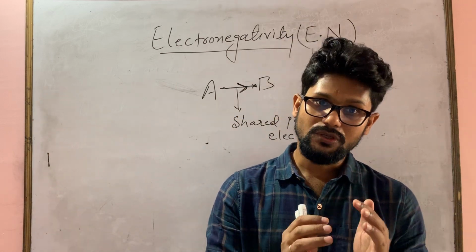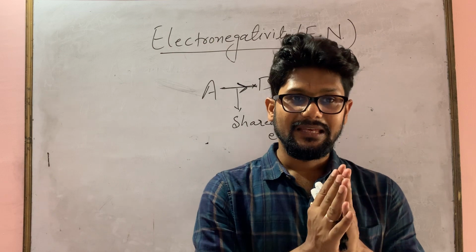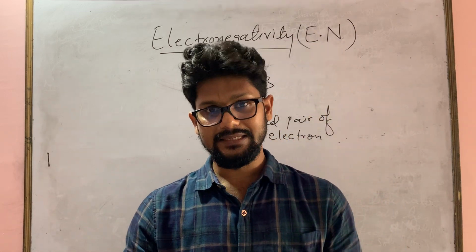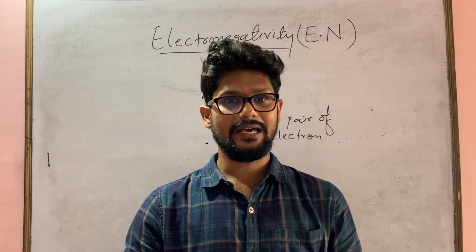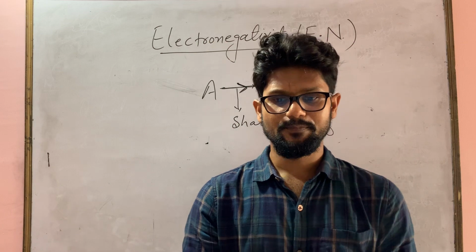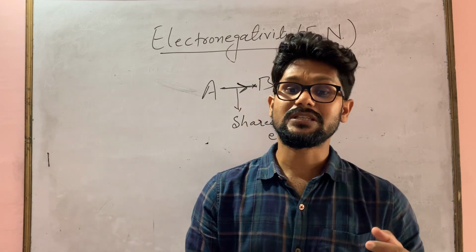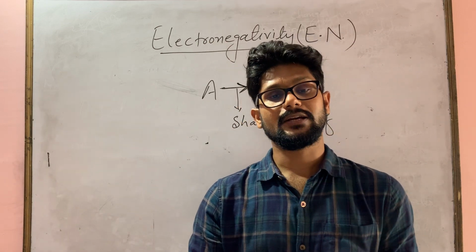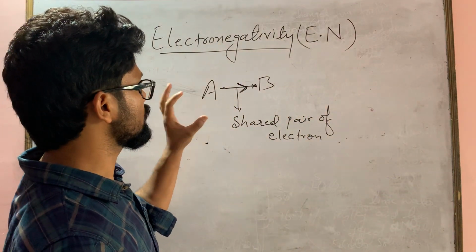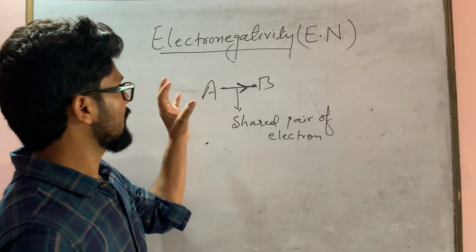But we should know how the value of electronegativity increases or decreases in a period or in a group. That I'm going to explain after 2-3 minutes. Before that, I'm going to explain the factors on which electronegativity depends.